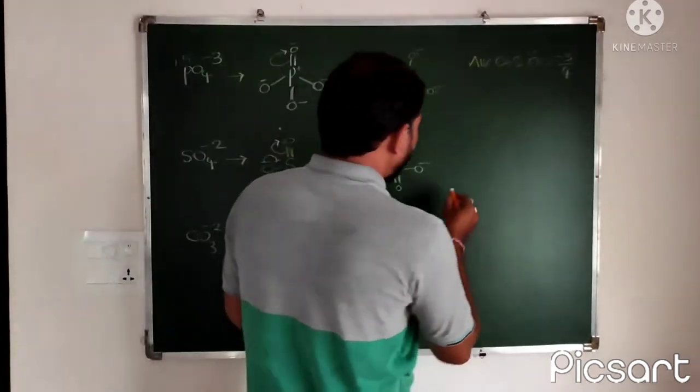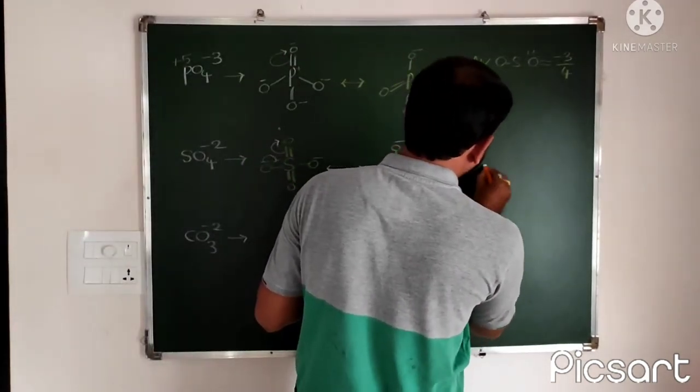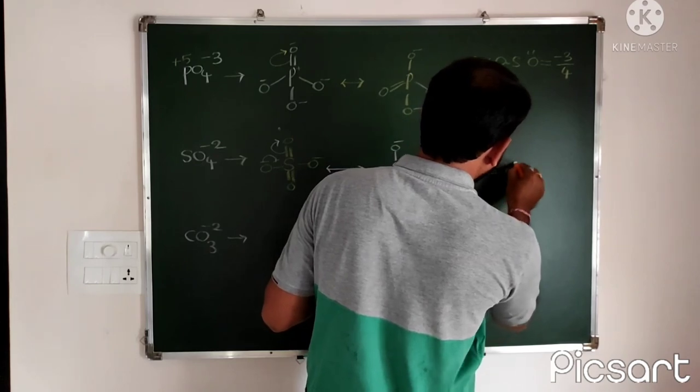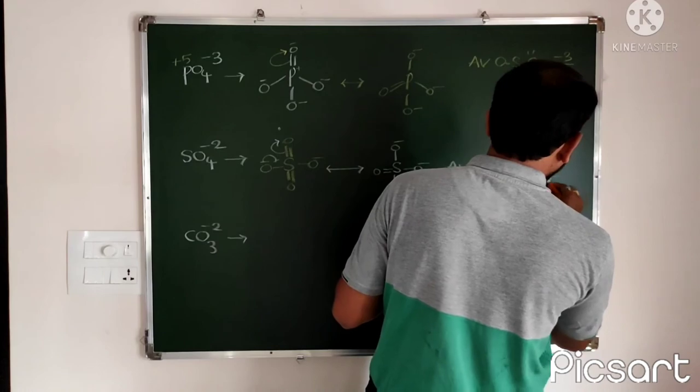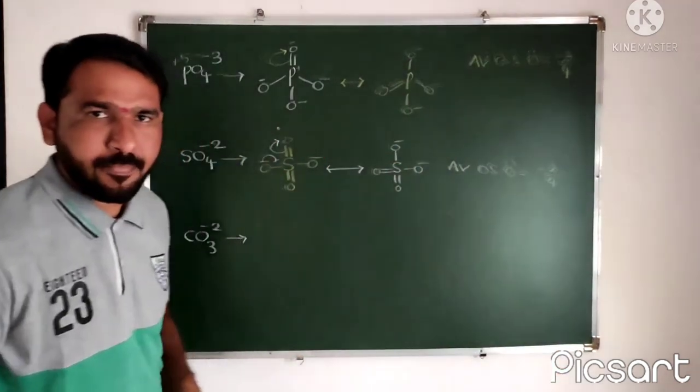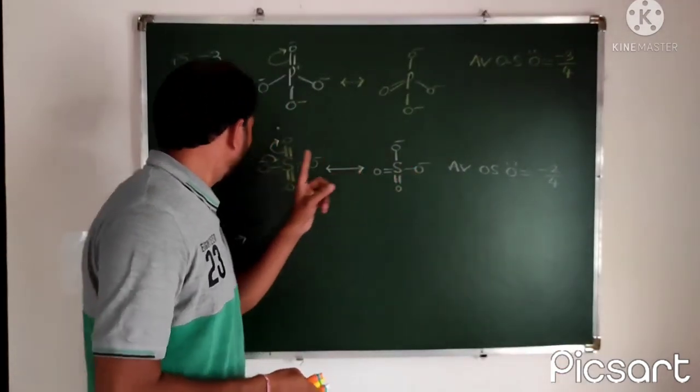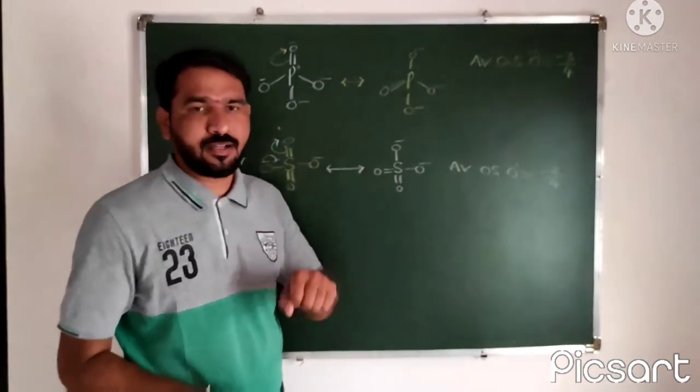Therefore the average oxidation state of oxygen in the sulfate anion is minus 2 divided by 4. It means this minus 2 over the ion is shared by 4 oxygen atoms.